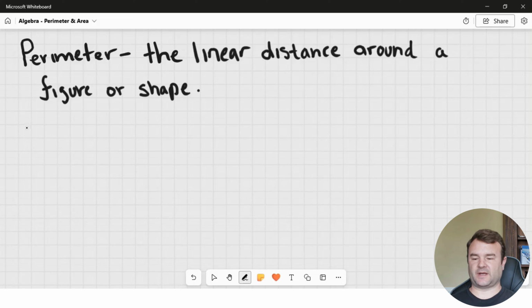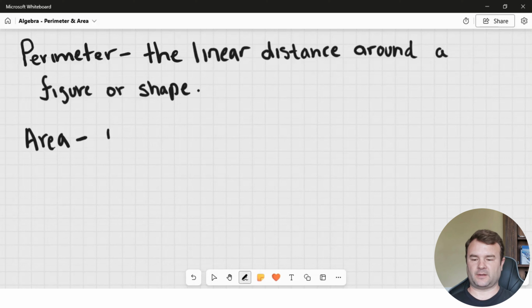Next, let's define what area is. So area is basically the number of square units to cover a figure or shape. Or think about it as the amount of space that is contained within your shape. But here we're going to define it as the number of square units needed to cover a surface, figure, or shape.